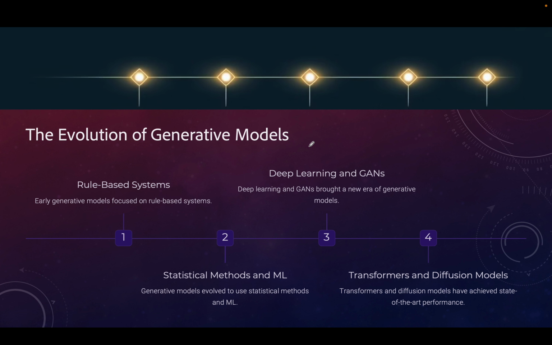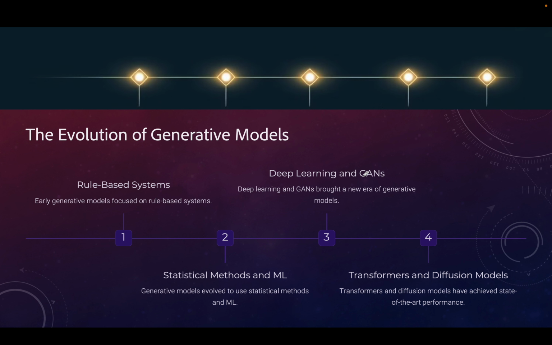Now let's see the history and evolution of generative models. These models have come a long way from early rule-based systems to deep learning, and then there have been key advancements including CNNs, RNNs, and GANs. Today, transformer models like GPT have set new standards in NLP and text generation.